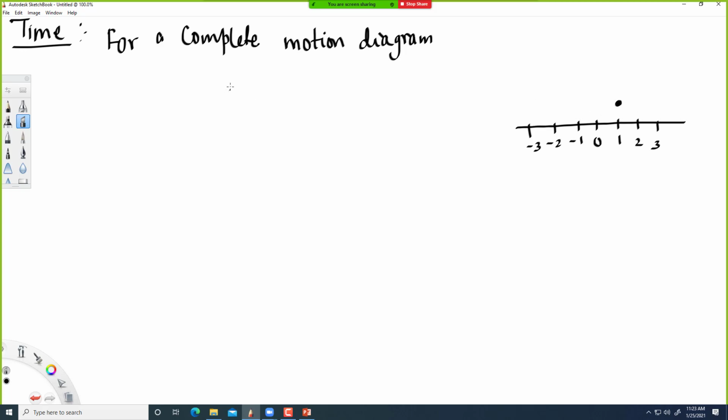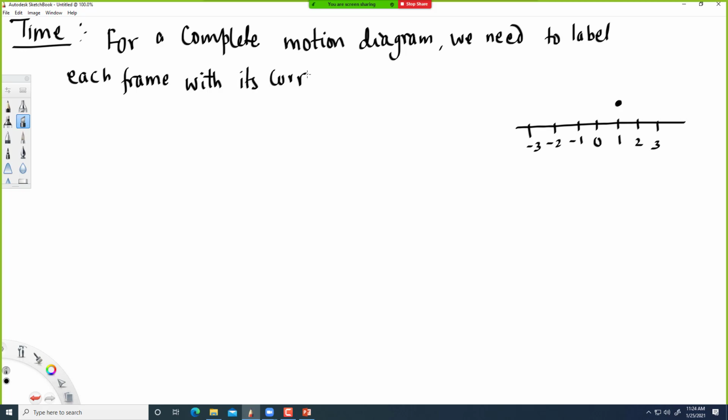So for a complete motion diagram, we need to label each frame with its corresponding time, t, as read off a clock.